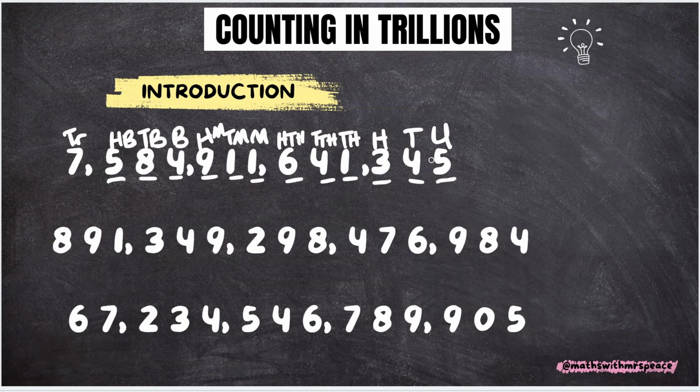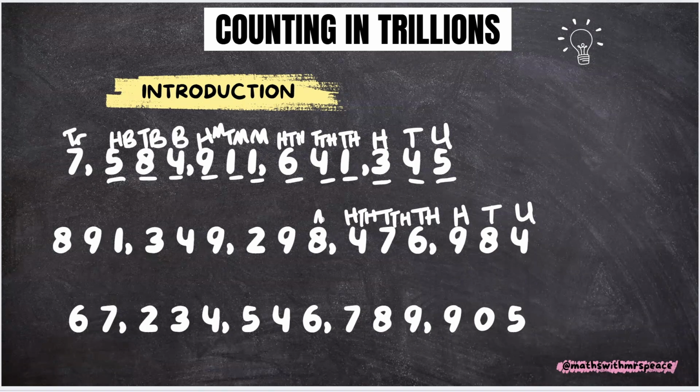We're going to go ahead and do the same for the other two numbers on the screen. The place value of 4 here will be units, tens, hundred, thousand, 10,000, 100,000.